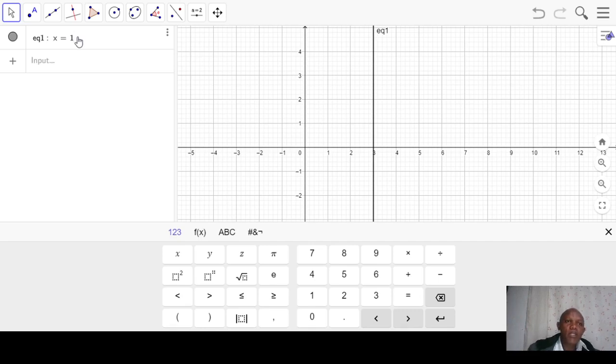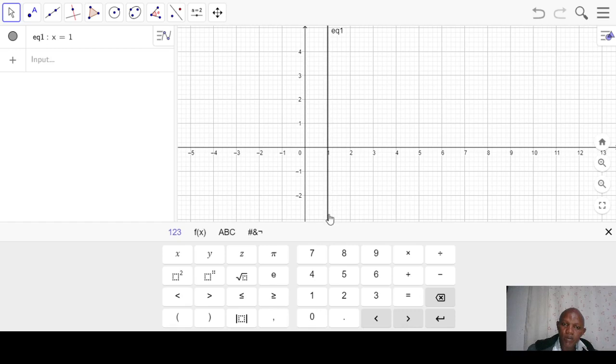In other words, we are looking for a graph such that the value of x is 1. If you look at this graph, it is a vertical straight line, as you see. Any point along this vertical line, the value of x is 1.